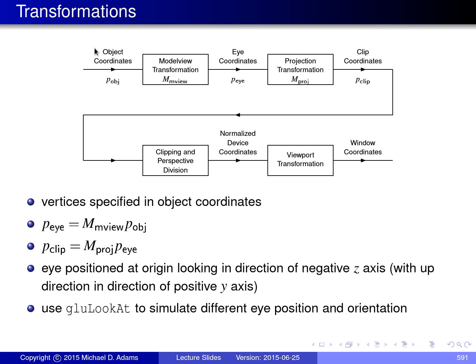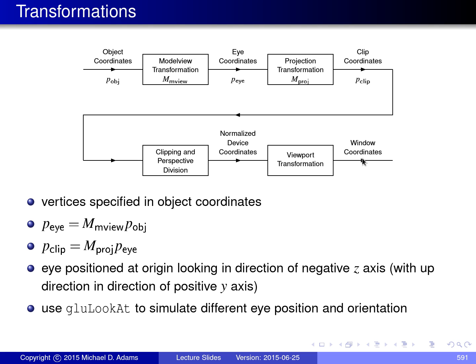So when you're using GL vertex commands, you're specifying coordinates in terms of the object coordinate system. The eye coordinate system is the coordinate system relative to which the scene is viewed. It basically represents the coordinate system of your eye. And then the window coordinate system is the coordinate system used to address pixels in the graphics window. It's the actual coordinates used to draw on the frame buffer itself.